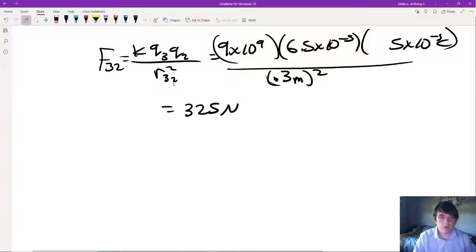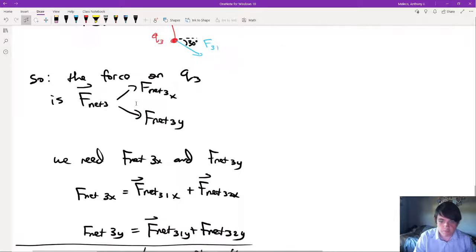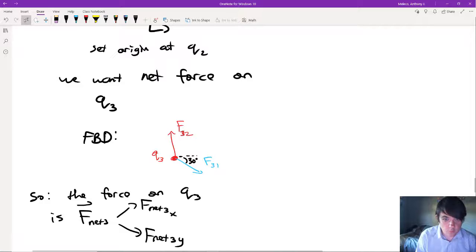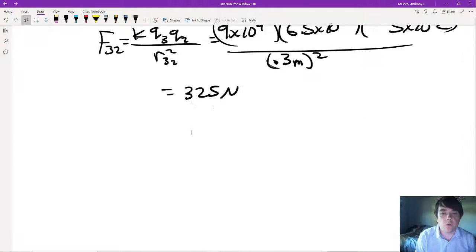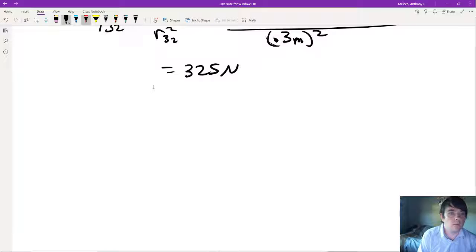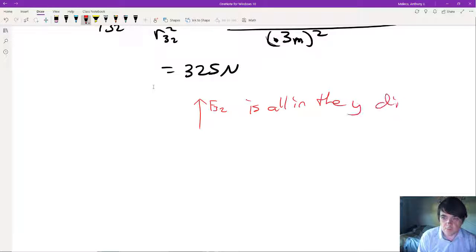Okay, so now let's go back and look at F32. F32 is this guy, points up straight. There's no angle. So F32 is all in the y direction. So if a vector is all in the y direction, then F32x equals 0.